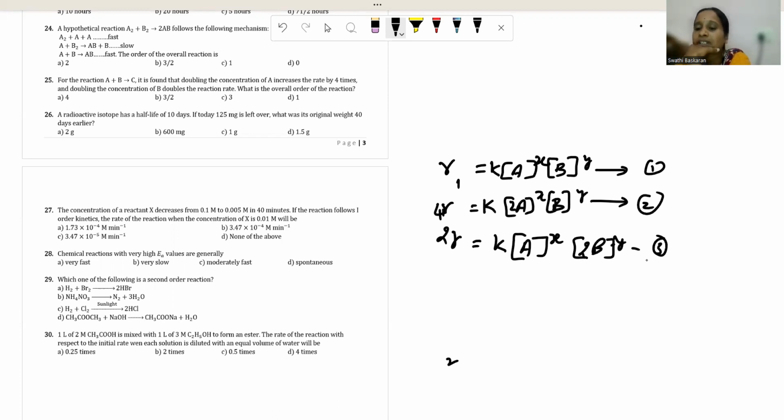Now, solving 1, 2, 3 step by step, we will be able to find the powers x and y.